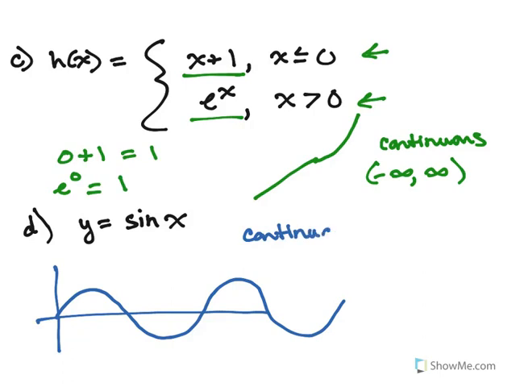It's continuous everywhere. Right? Certain functions, I know just by looking at them if they're going to be continuous or not by knowing what their graphs look like. The parent functions that you should know, the x squareds, the x cubes, the exponentials, trig functions. You should have an idea what all of those look like.